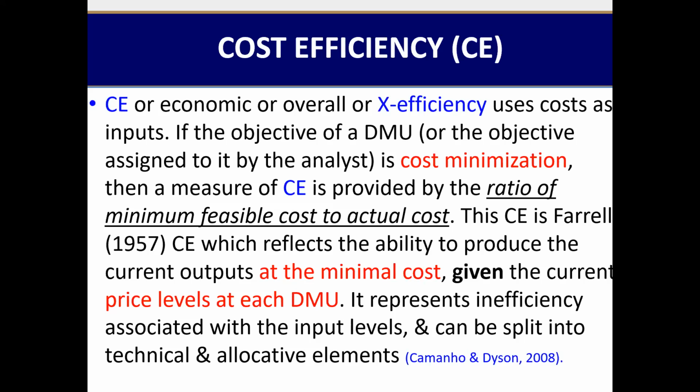And such an assessment is what leads to the cost efficiency. The cost efficiency we'll be talking about is attributable to the Farrell definition of cost efficiency. And that reflects the ability to produce the current output at the minimum cost, given the current prices.